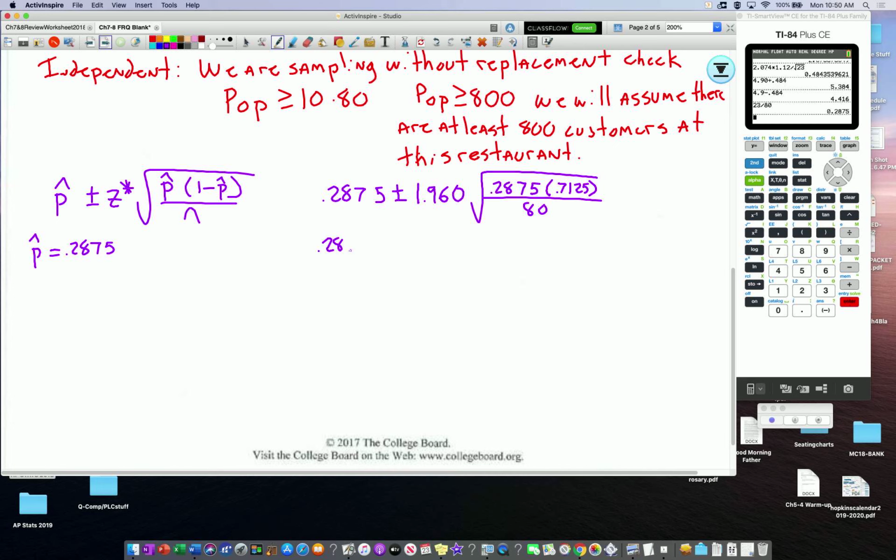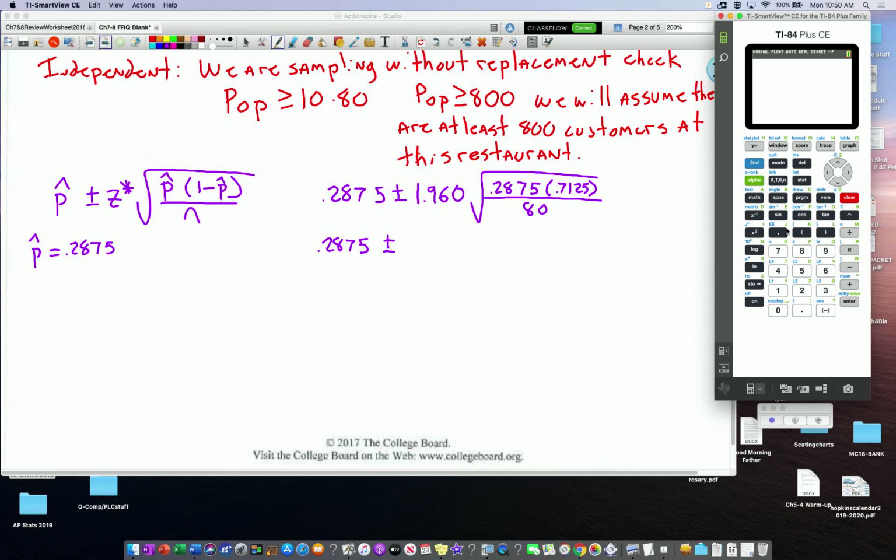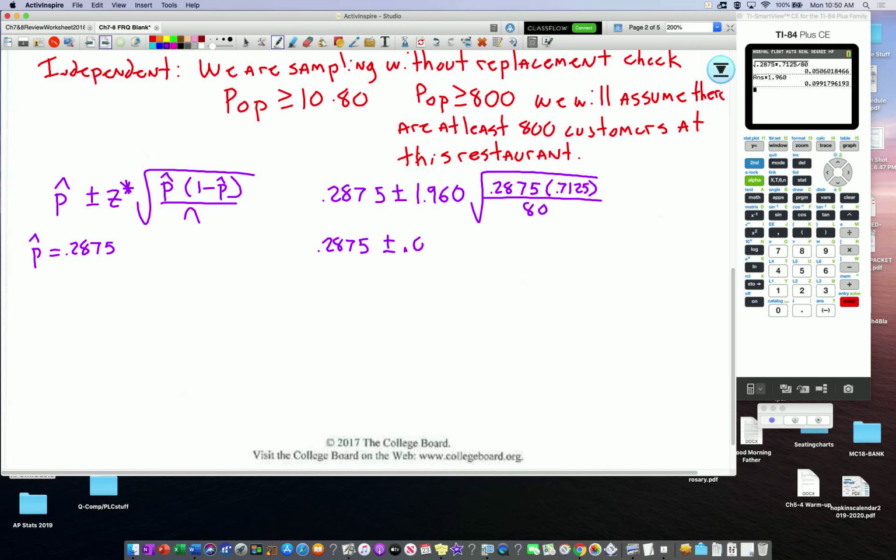So 0.2875 plus or minus... now I need to calculate this out. I always start with the standard deviation part: the square root of 0.2875 times 0.7125 divided by 80. That's my standard error. Multiply it by 1.960 to get my margin of error, which is 0.0992 to four decimal places.